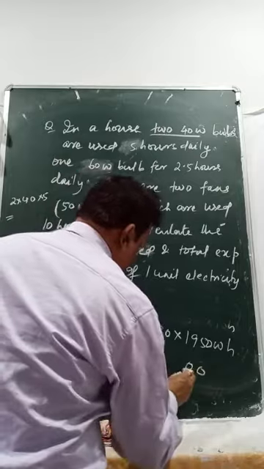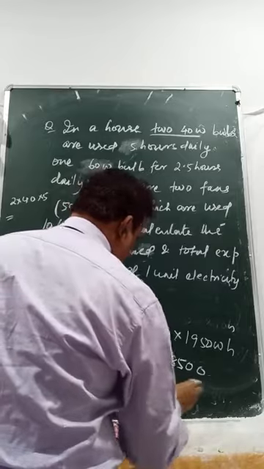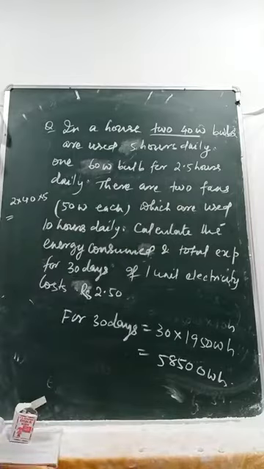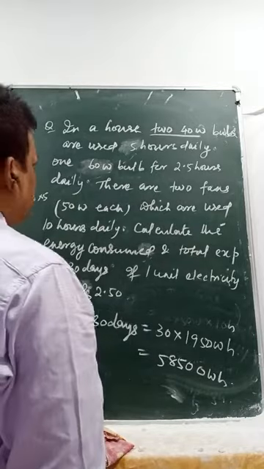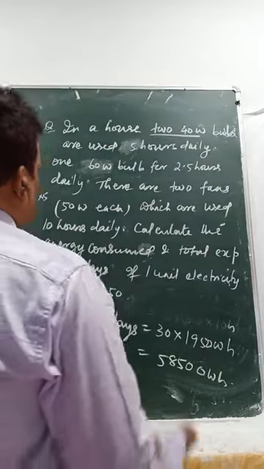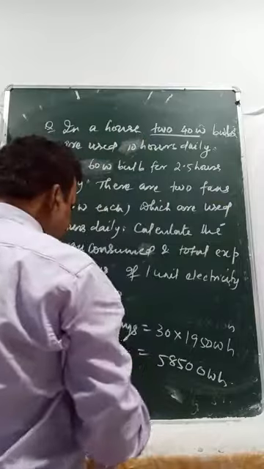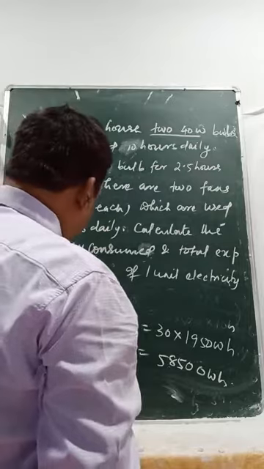So 46500 watt hour. Convert to kilowatt hour.